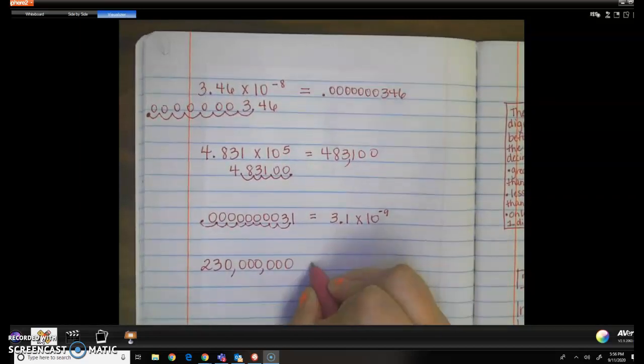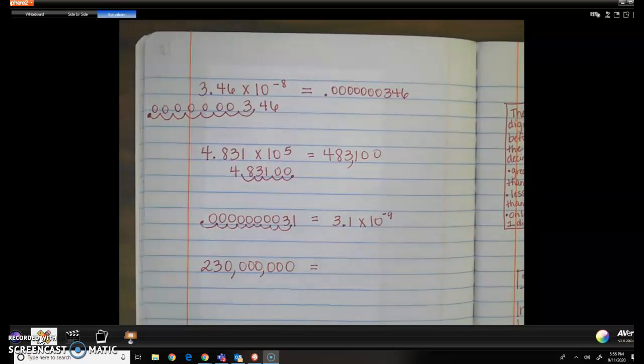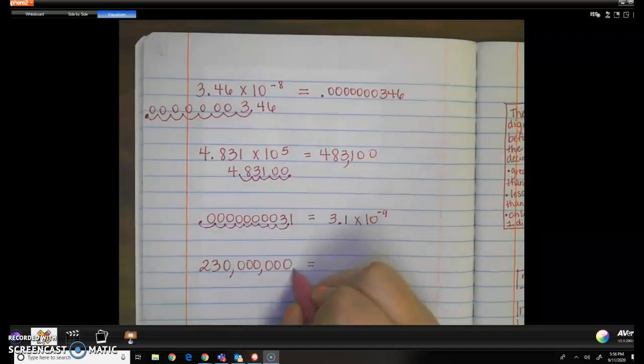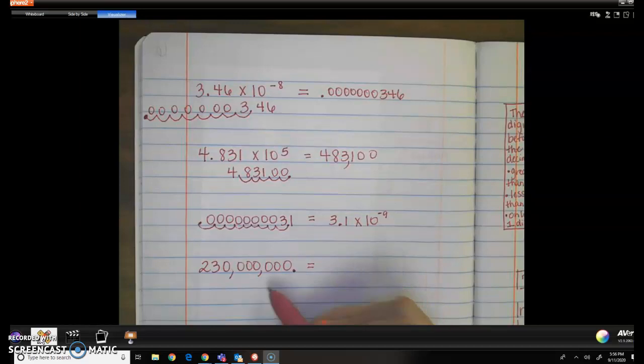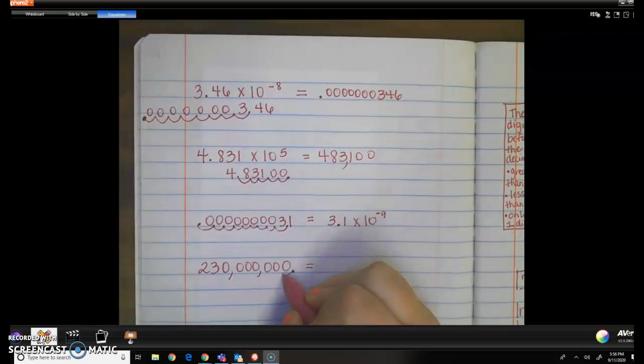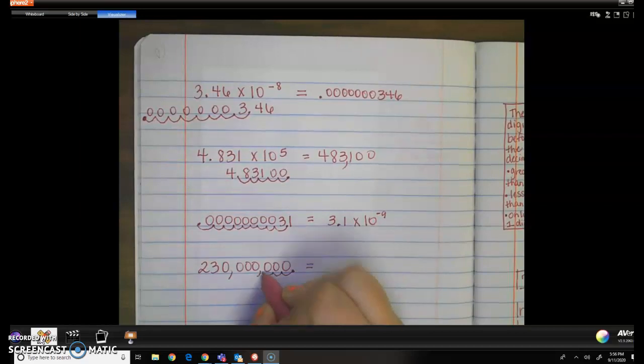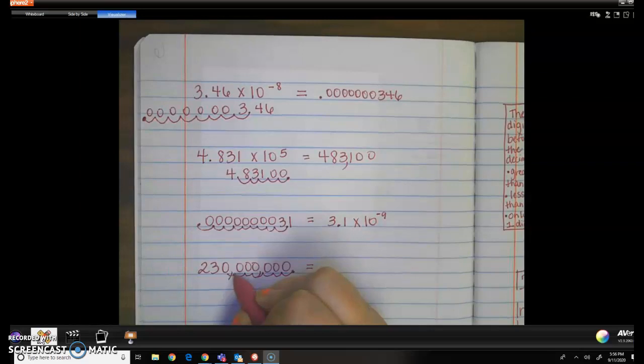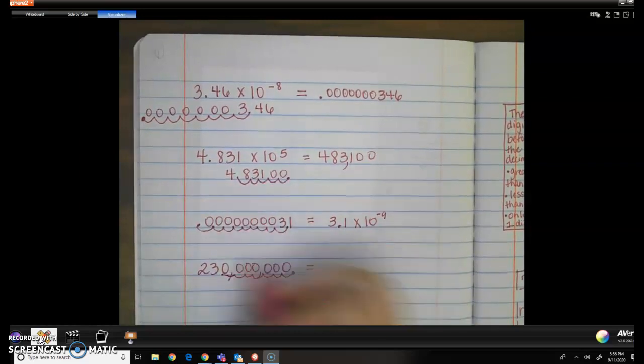Okay. When I don't see a decimal, there is a hidden decimal at the end. So I'm going to move that decimal to where it's just one number and then my decimal. So no, that's a lot of numbers. So I'm just going to keep going. Okay, if I stop there, it's 23. Nope.